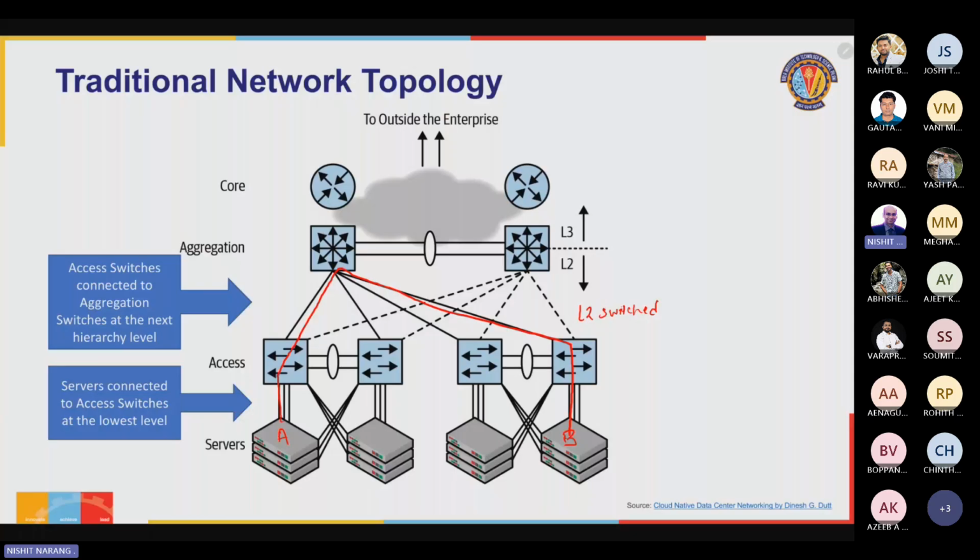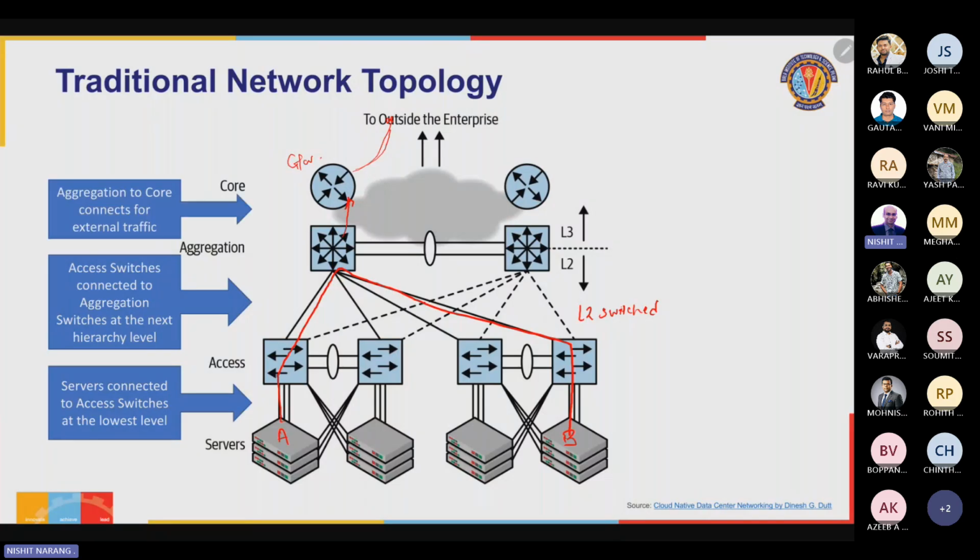Okay? But if there's traffic that needs to go out, the aggregation switch will convert it into IP traffic, send it towards the core router, which is like a gateway, a border gateway to your network, implementing the BGP protocol with the external autonomous systems. Right? And this will send it towards the outside of the internet.